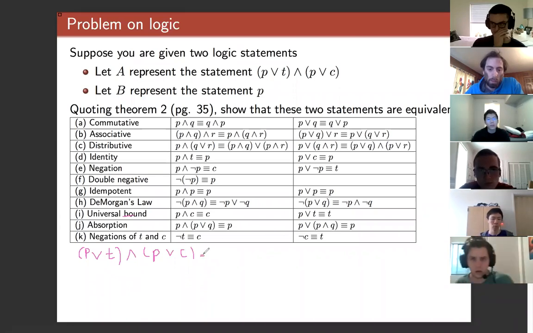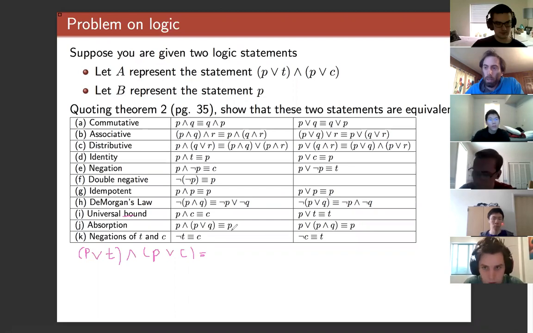So let's start. P or the tautology. So we look in this table here, and we can find something that's logically equivalent to. And so if we have a keen eye, then we would identify this entry of the table. And that says that P or the tautology is just the tautology.